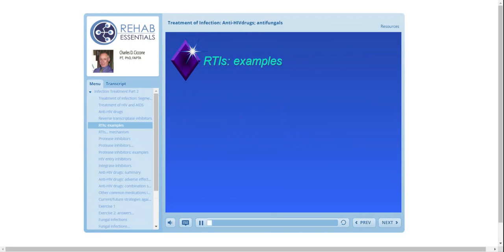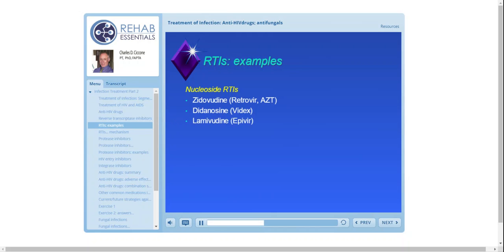So here are some examples of the RTIs, starting with the nucleoside subgroup. Certainly zidovudine has been the most famous. It was our first anti-HIV drug. Originally called AZT, it's now officially generically known as zidovudine, or by the trade name Retrovir. And there have been other drugs in this group as well, drugs like didanosine, lamivudine, and several others.